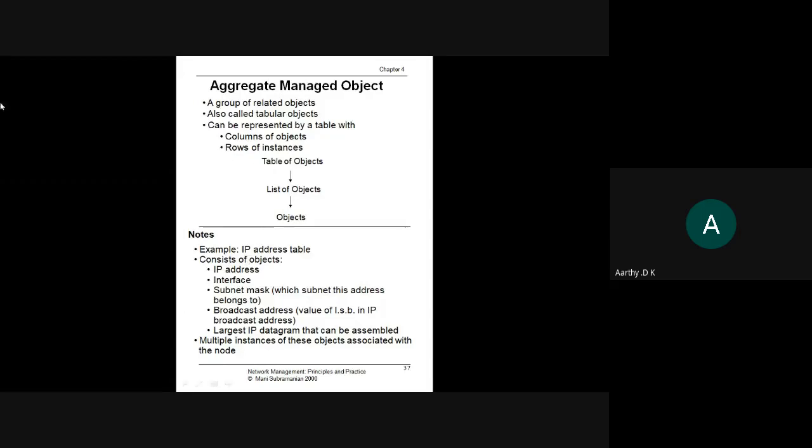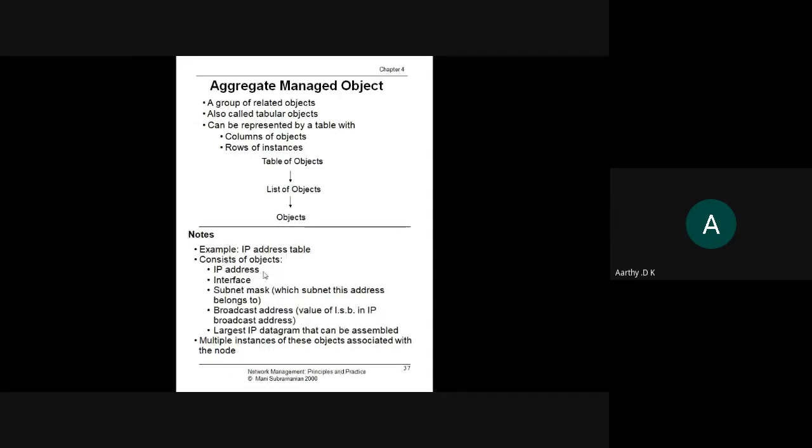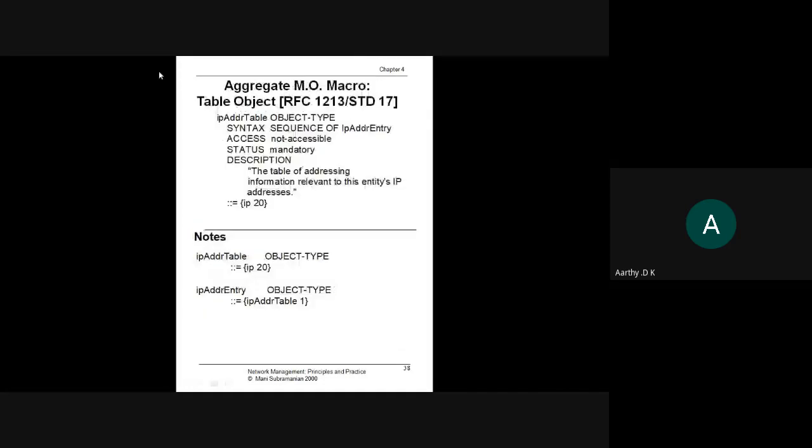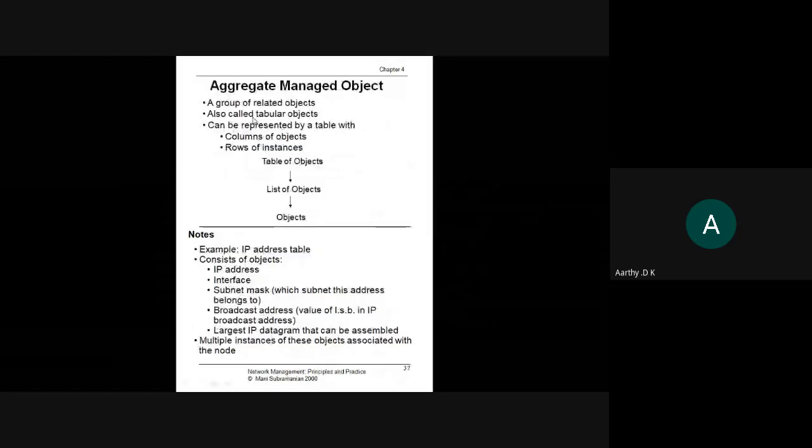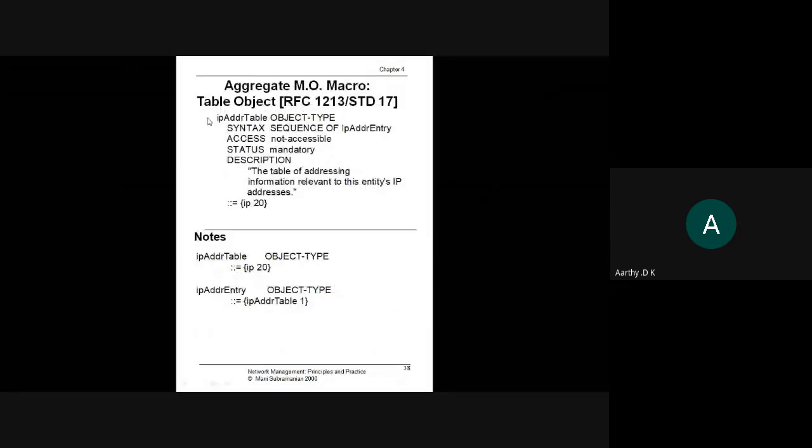The IP address table will contain a group of IP addresses where every IP address follows a sequence, and the IP address table follows sequence of, because it is going to hold a group of IP addresses in a table. So this is my object name, IP address table. This object type is nothing but the macro that I have defined here. My object type is the macro name, and that macro I am applying to my object IP address table.